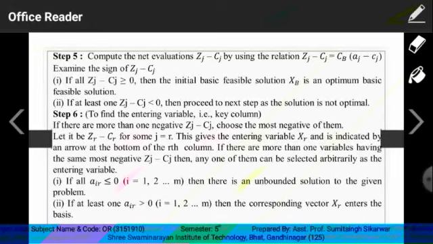If all Zj minus Cj are greater than or equal to 0, then the initial basic feasible solution xb is an optimum basic solution. But if there is at least one Zj minus Cj which is less than 0, then we need to proceed to the next step, as the solution is not optimal.